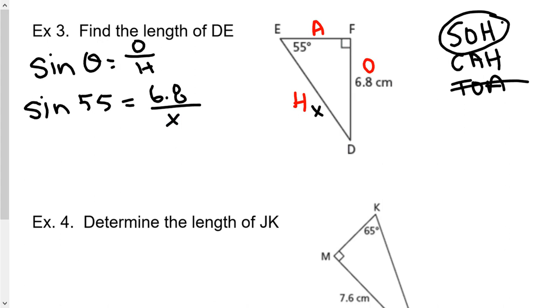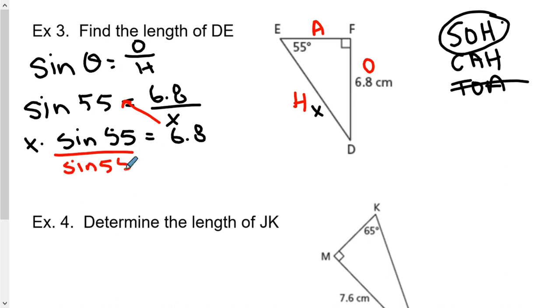If we remember to cross multiply and divide, this is where we have to do a little bit more work because that variable is currently in the denominator. So I now have x times sine 55. I made both sides x times bigger, which pulled it away from the right side. I then have to divide both sides by sine 55, because I'm trying to isolate x.